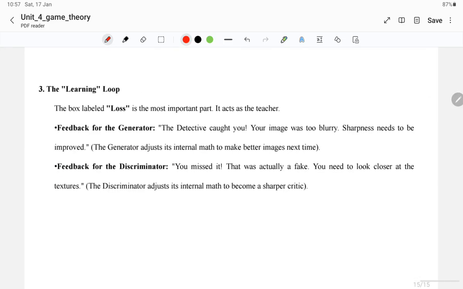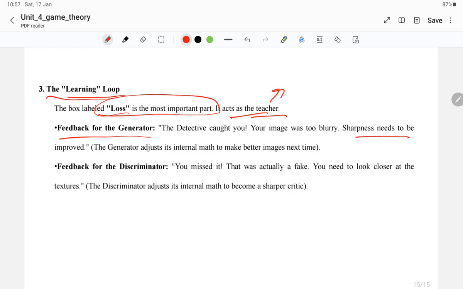So what is the learning loop here? The box labeled loss is the most important part. It acts as a teacher. What does it do? It gives feedback to the generator. The detective caught you when your image was too blurry, so the sharpness needs to be improved. So there is feedback for the generator when the discriminator has detected the image as fake.